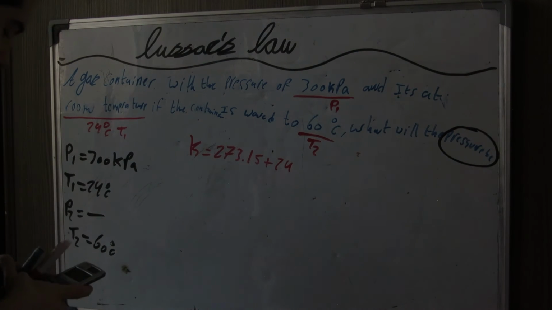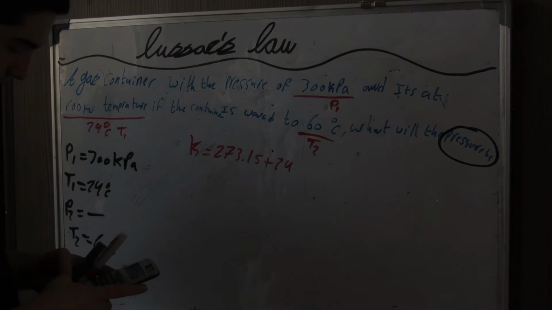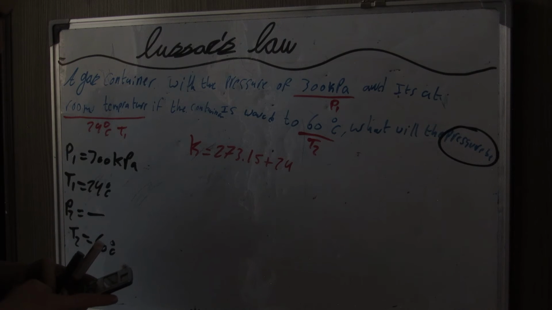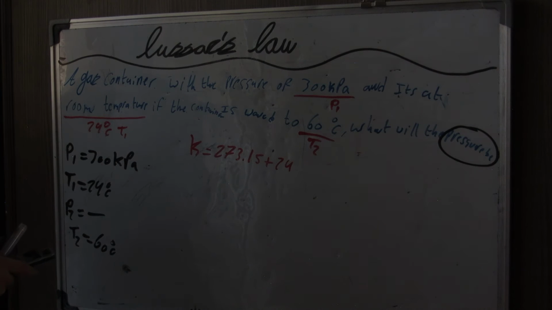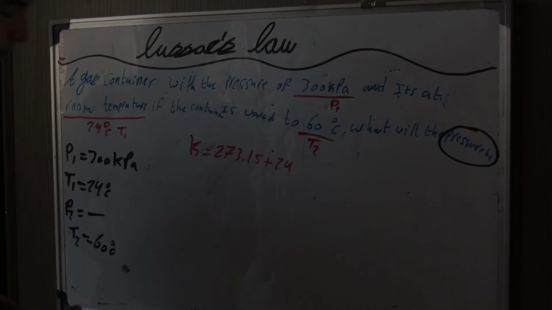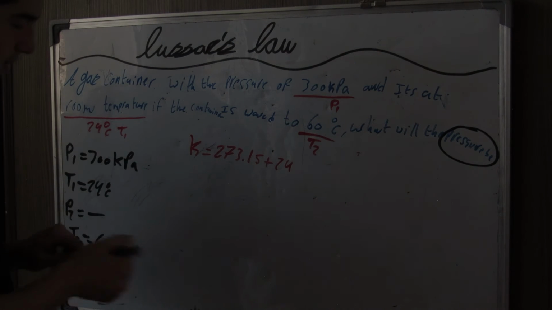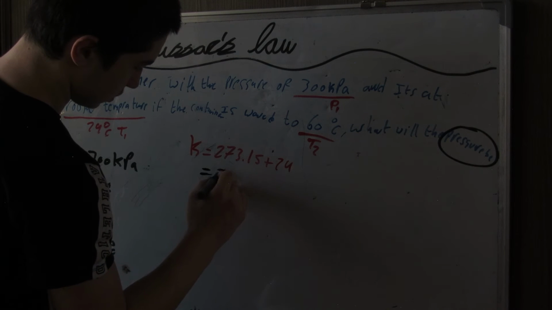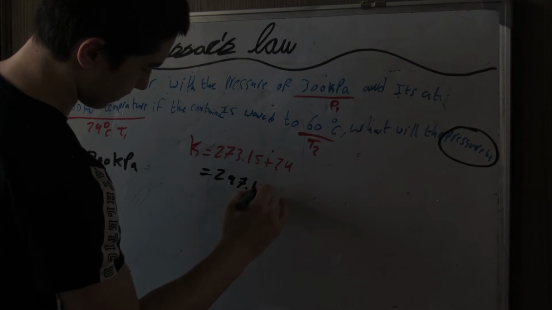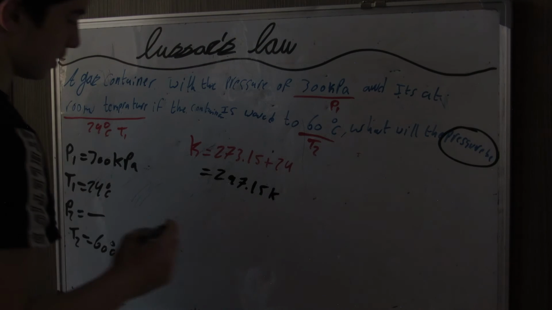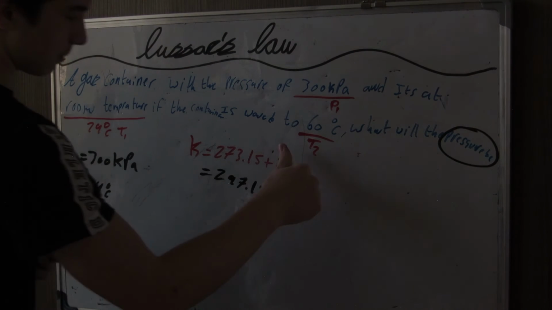Let's not waste time doing it mentally. 273.15 plus 24 will give us an answer of 297.15. So Kelvin equals 297.15 Kelvins.